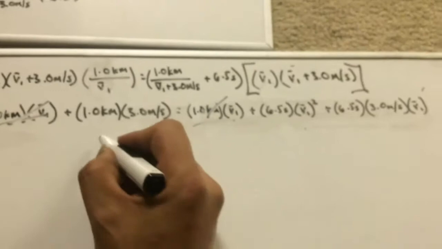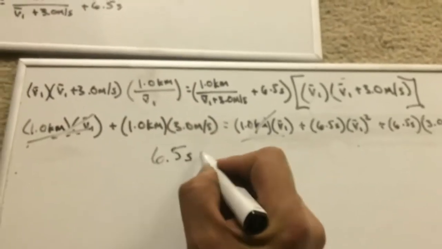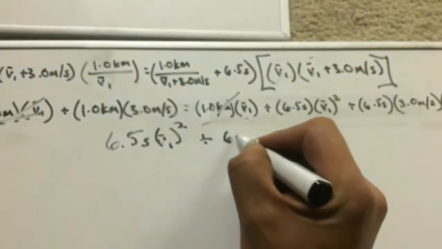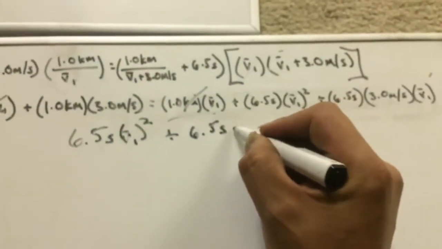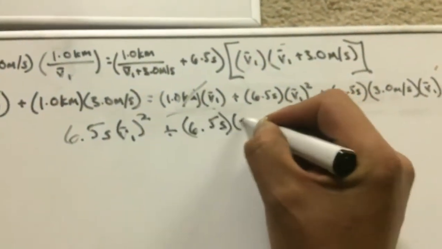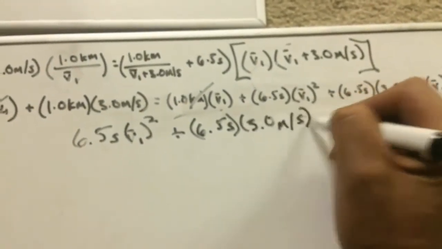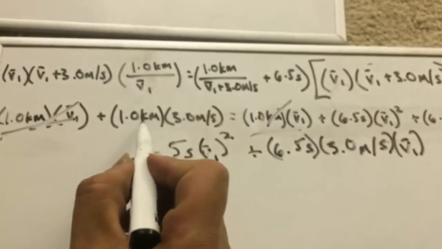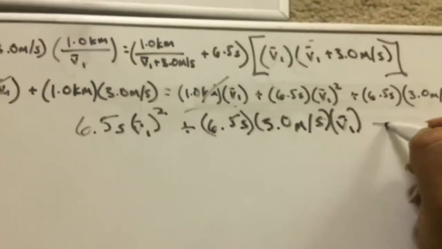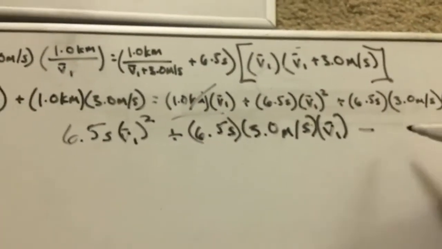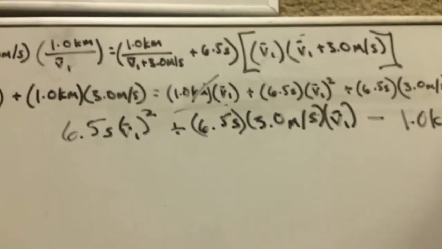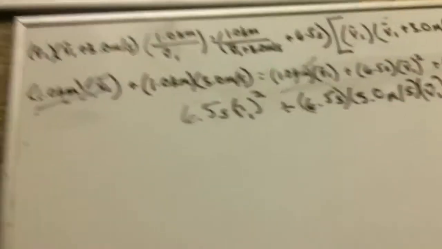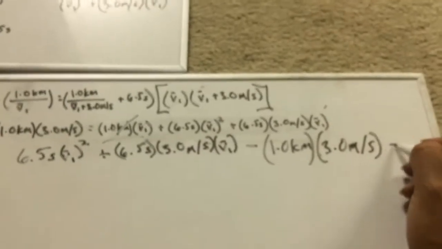Okay, that means we're going to be left with 6.5 seconds V1 squared plus 6.5 seconds times 3 meters per second V1, and then we're going to take this minus, because we're going to minus both sides, minus 1 kilometer 3 meters per second. Okay, this is going to be equal to 0.